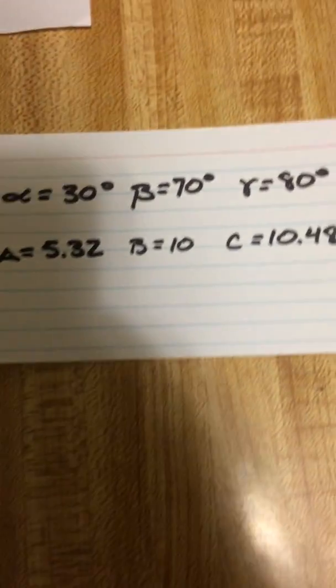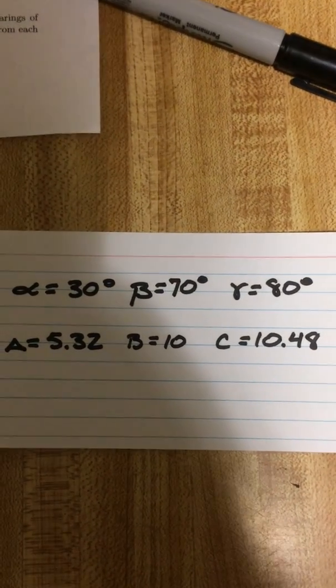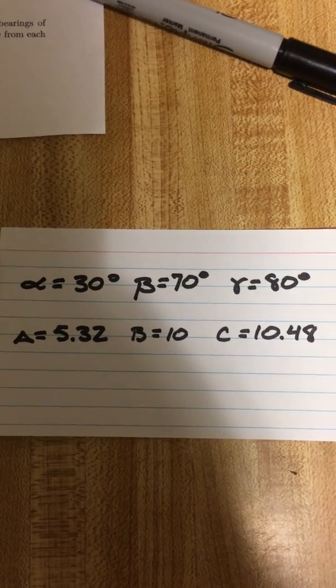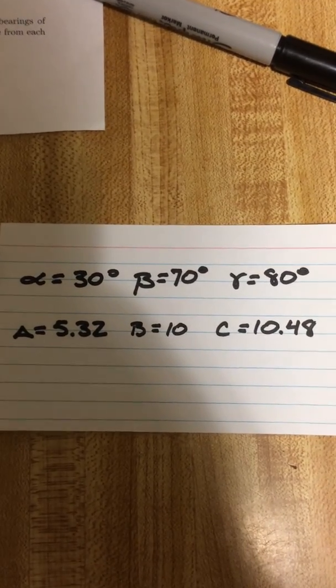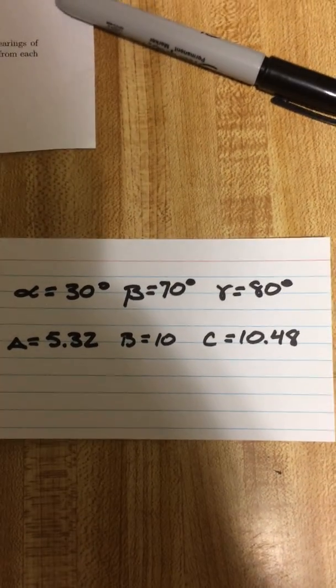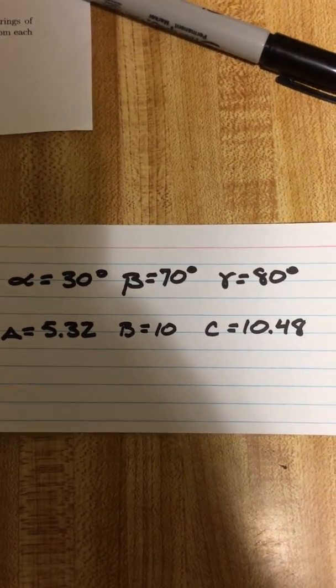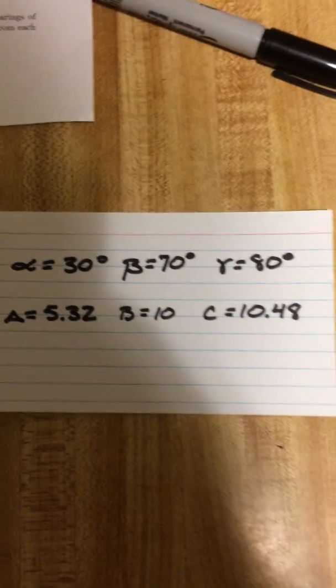So the given conditions have now been met. We were able to find our angles at 30, 70, and 80, and all our sides corresponding to those angles are side A equaling 5.32, side B equaling 10, which was given to us, and side C equaling 10.48.